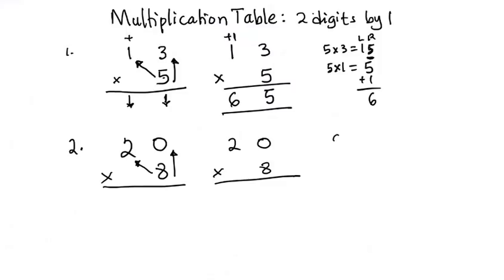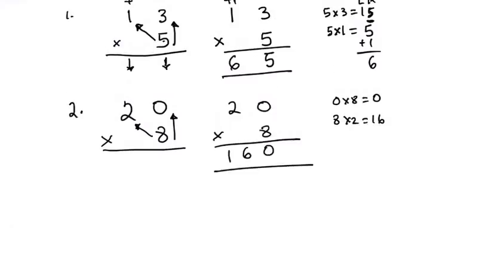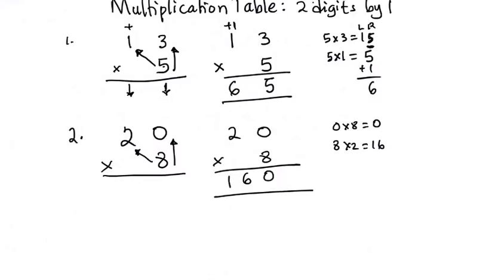So 0 times 8 will give us 0. And then 8 times 2 will give us 16. Since it's coming last, we're just going to write the answer 16. You can see the similarity. The arrow goes in the same way.